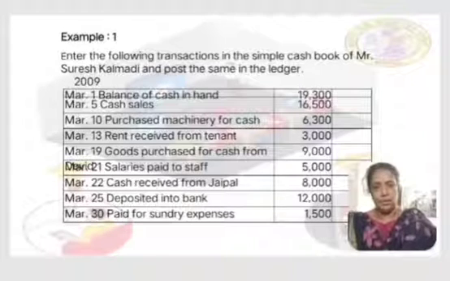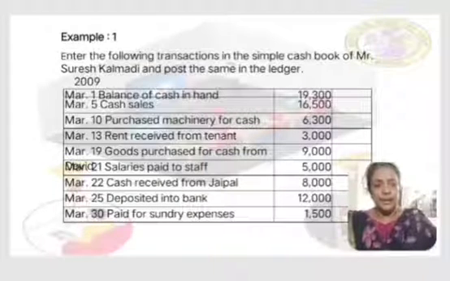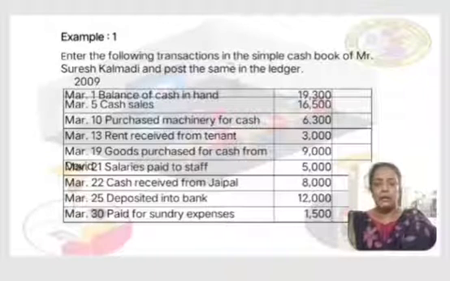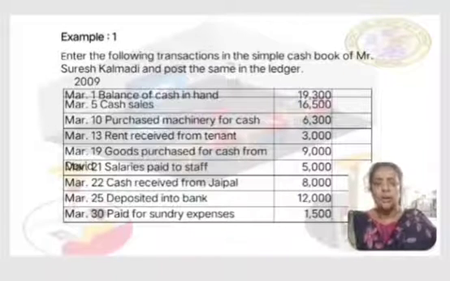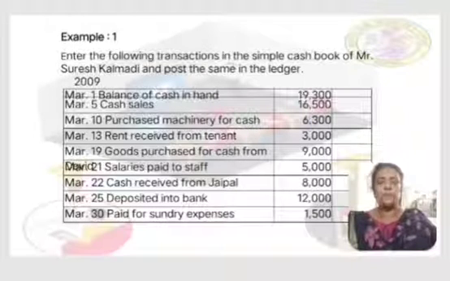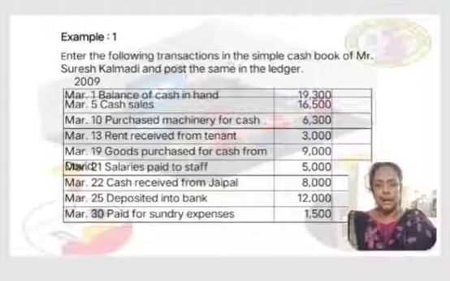But it should be noted that in rent received from tenant, one is personal account and another one is nominal account. If personal account and nominal account both are given, we have to consider nominal account but not the personal account. Therefore, rent received from tenant means cash comes in. From whom it comes in, that should not be taken. Towards what it comes in means rent it comes in.